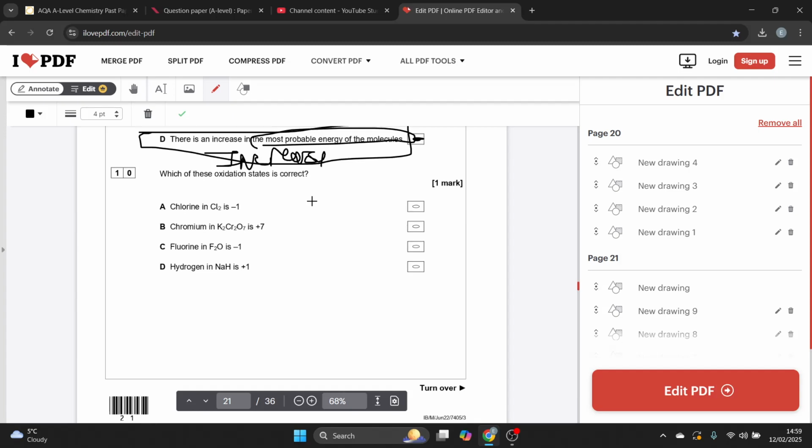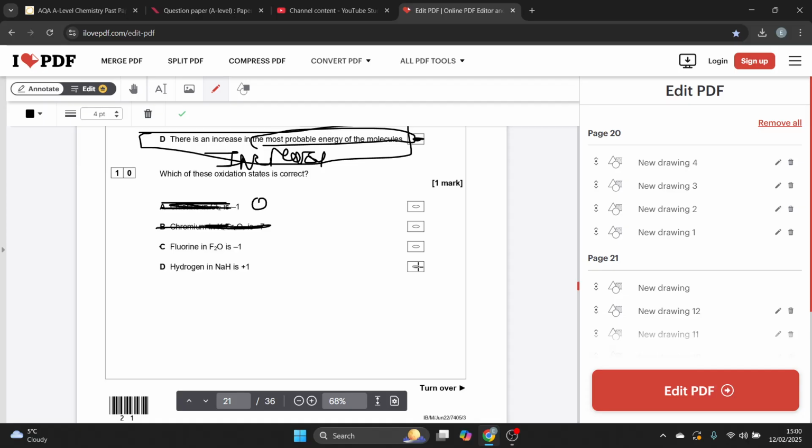Which of these oxidation states is correct? Chlorine in Cl2 is -1? No, it is 0. Chromium in that is +7? Well, oxygen is -2 times 7, -14, plus 2, -12, so it's going to be +6 then. The fluorine in this is -1. Hydrogen in NaH is +1?